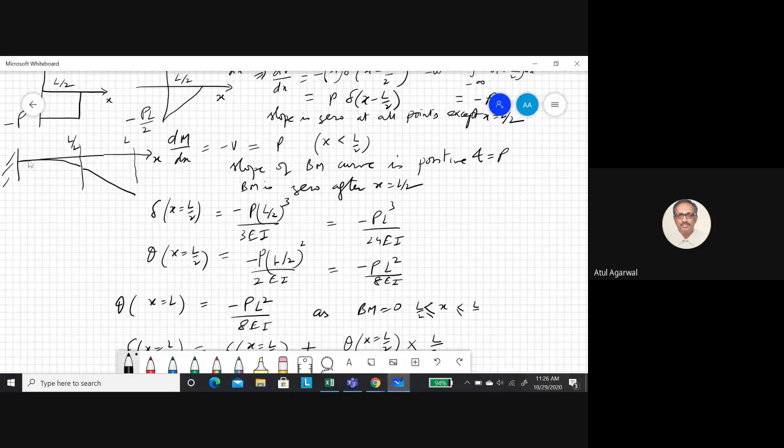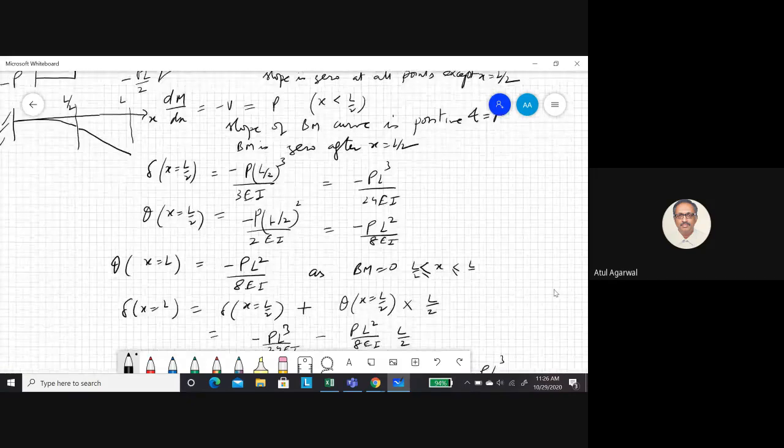Till now it was curving. Now it is acting like a straight line. So whatever was the rotation here of the cross-sectional plane, same rotation will be here. So theta at x equal to L is also same as theta at x equal to L by 2, as bending moment is 0 in this portion.